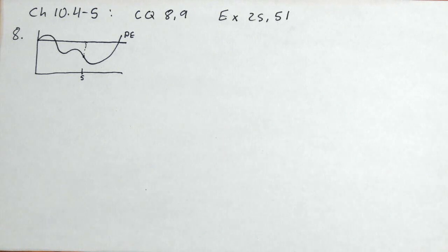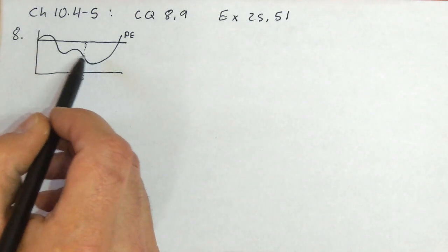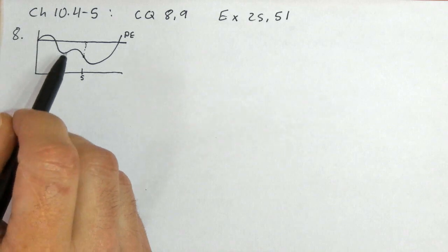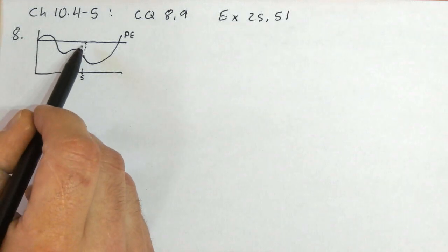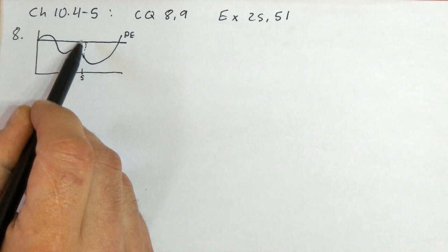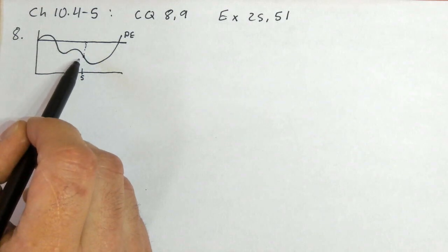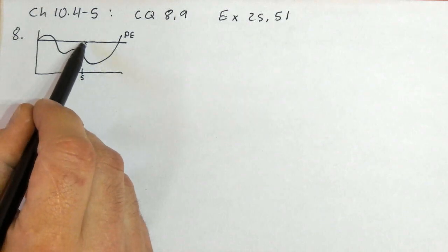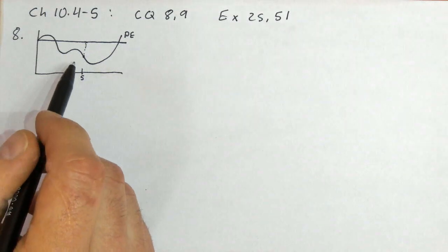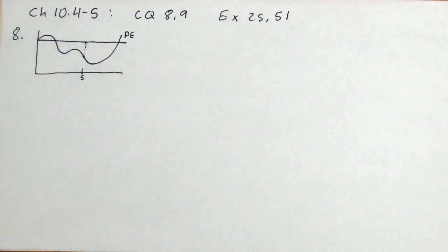So it is moving, and we were told it is moving to the right. But the biggest idea is that you can find the amount of kinetic energy based on the difference between the total and the potential.